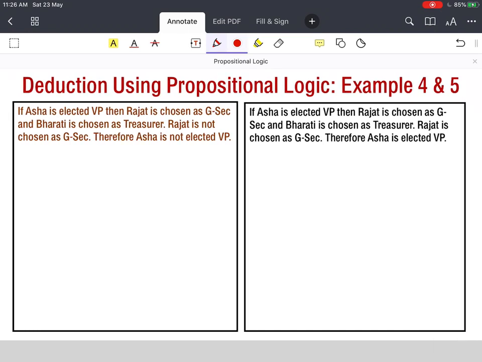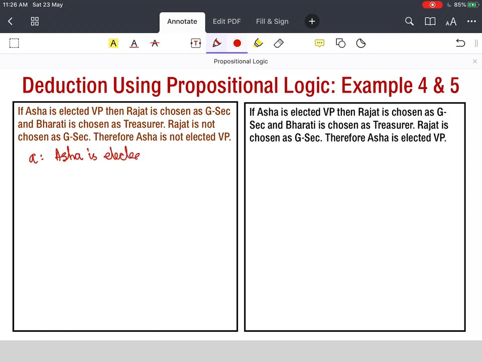Now let us do the other two examples. This example says if Asha is elected VP, then Rajat is chosen as GSEC and Bharati is chosen as treasurer. The second sentence says Rajat is not chosen as GSEC, therefore Asha is not elected VP. So what will be our variables?